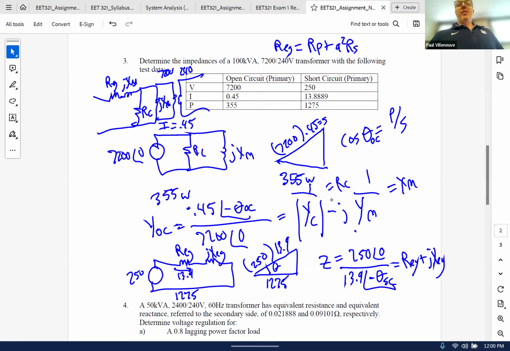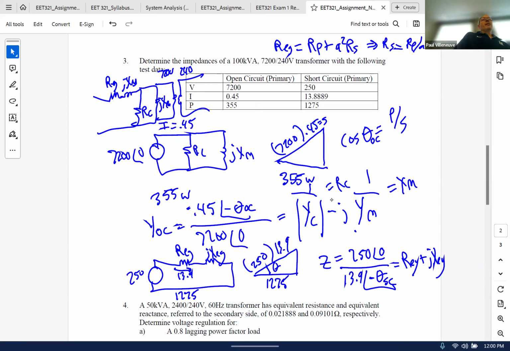And the normal assumption that we make is we basically say that these two are equal to each other when you reflect them through. So RS equals RP divided by A squared. So you can substitute there and then you can solve for each one individually.